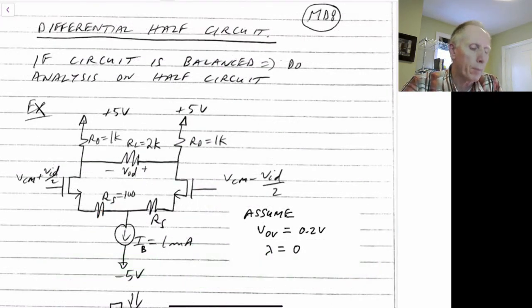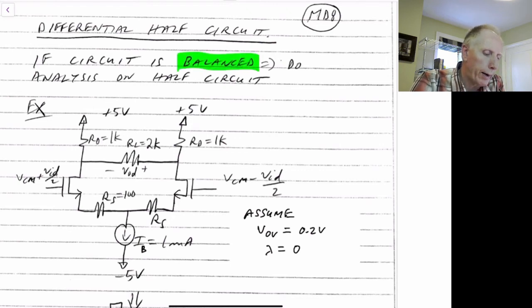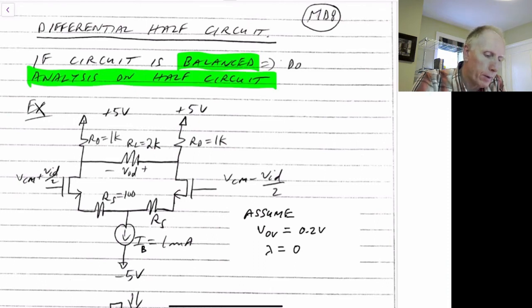So let's do an example of a differential amplifier. We'll make use of the balanced approach, so we'll do our analysis on half circuit for this. So we've got this example shown here.